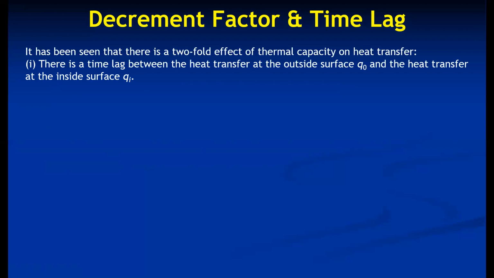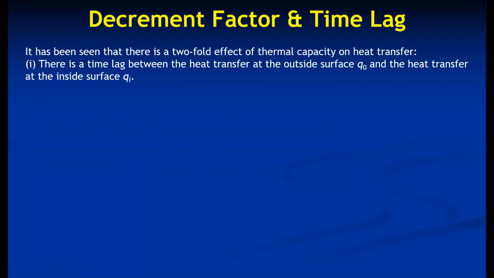Because of the finite thermal capacity of the wall, suppose at 11 a.m. heat is transferred at the outside, it will not be transferred to the inside air at the same instant. That is because of the thermal capacity. So there is some time lag.